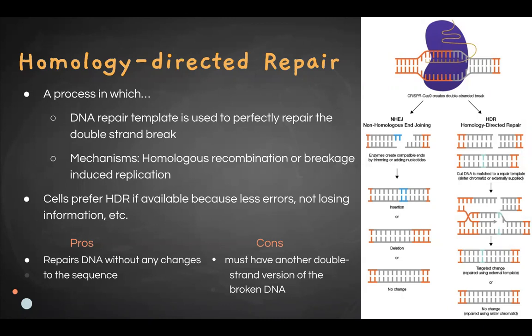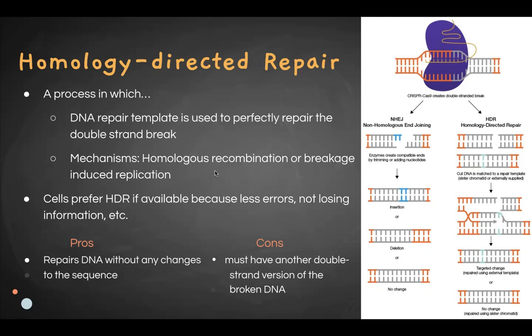As you can see on the diagram on the right, it compares both non-homologous end joining and homology-directed repair. In homology-directed repair, it's a bit different because it uses another template. It can use a sister chromatid if available. It needs a whole other copy.